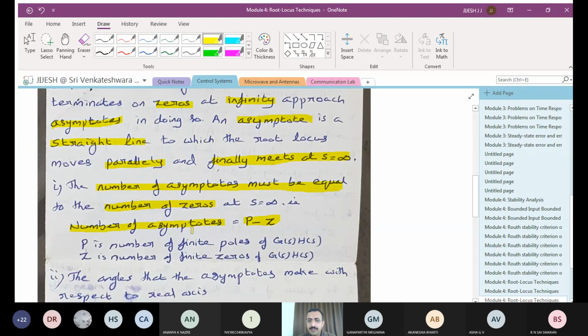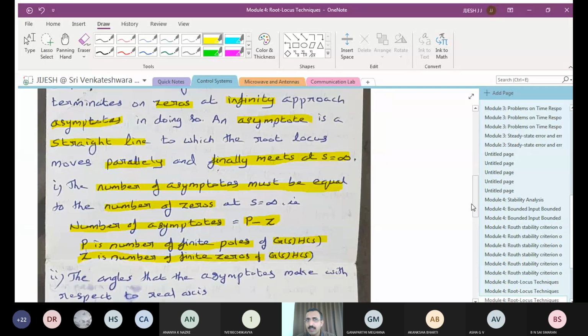So the number of asymptotes is P minus Z, the number of poles minus the number of zeros. P is the number of finite poles, and Z is the number of finite zeros of the transfer function G(s)H(s).